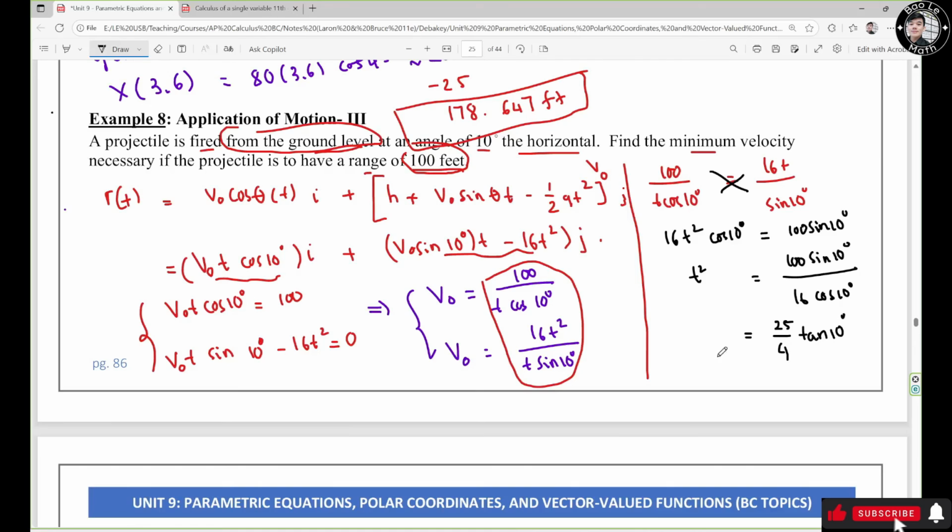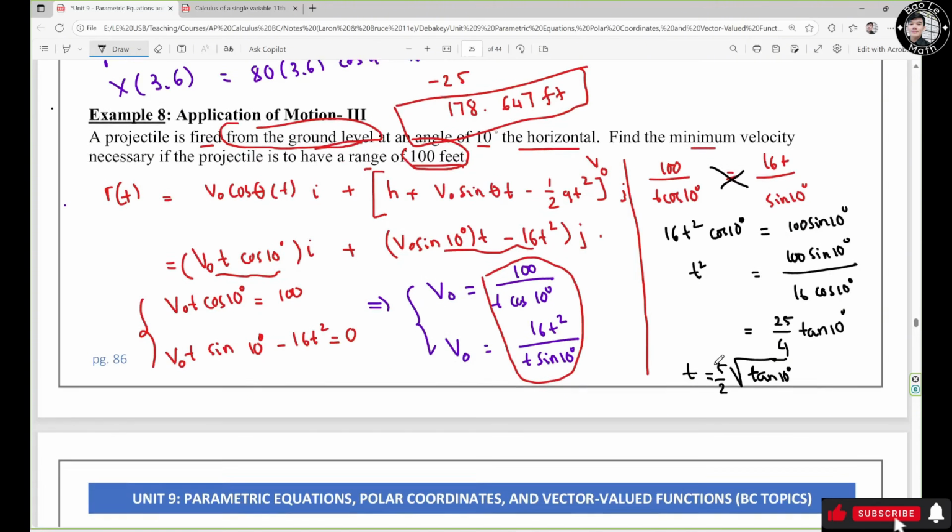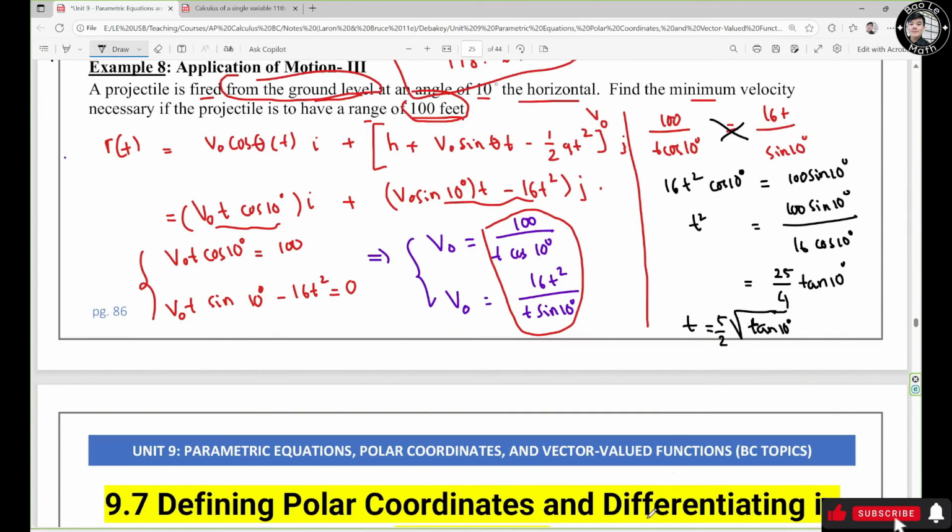Now I'm gonna take square root of both sides, so t equals square root of 25 over 4, which is 5 over 2, right? Tangent 10 right here, right? Actually, you have two values. It's going to be positive and negative. But because the time t is always positive, right? So I eliminate the negative number, right?